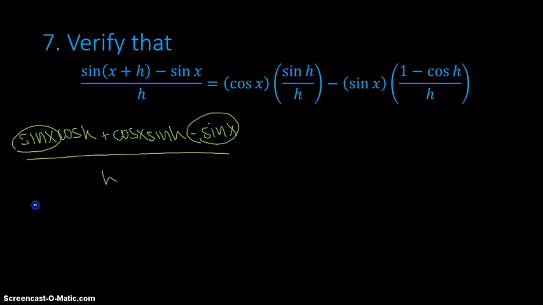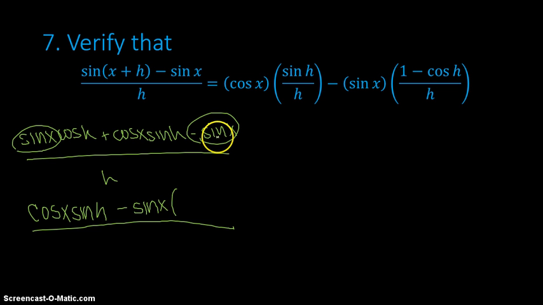So just so I don't mess it up, I'm going to go ahead and bring down my cosine x sine h. And I do know that I want to factor out the sine x's because over here there's a sine x that's factored out. And actually this is minus, I'm just going to go ahead and make it minus sine x that I factor out. So I took negative sine x out of here, I'm left with 1. Negative sine x out of here, I'm left with a negative cosine h.